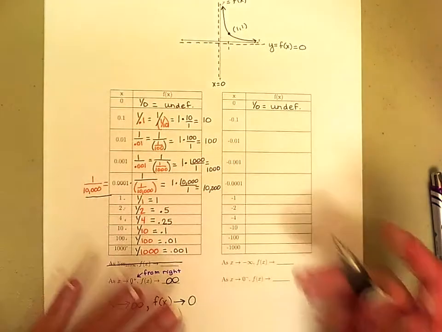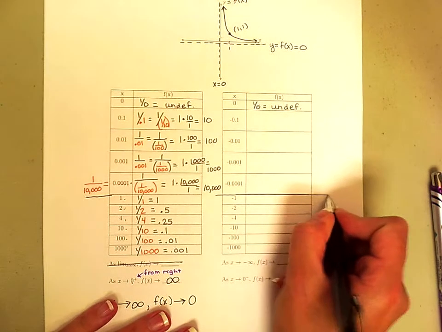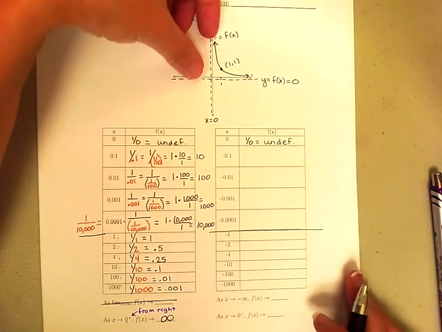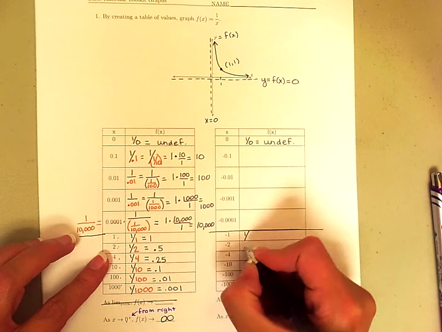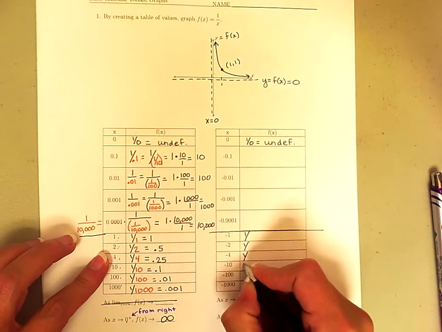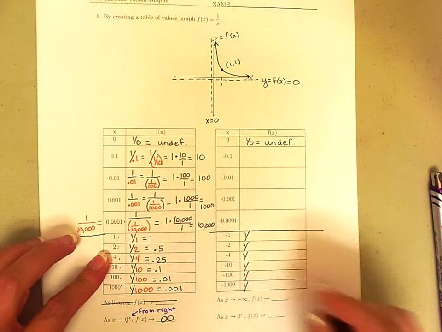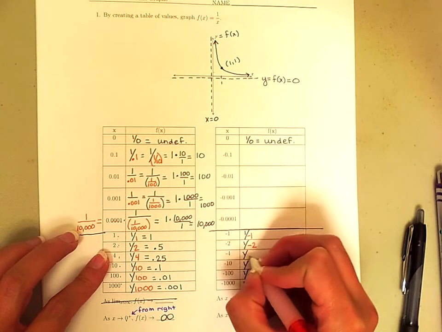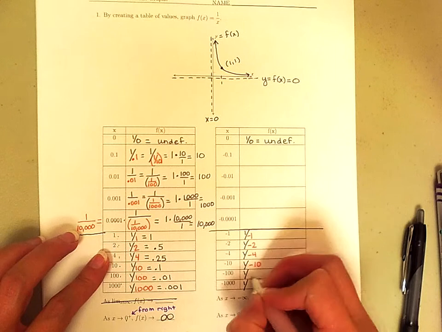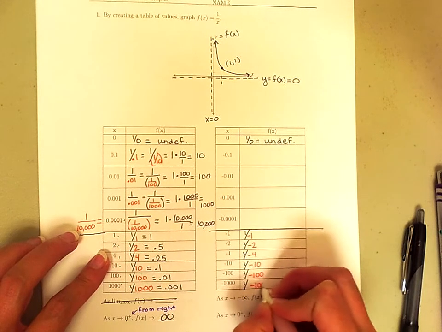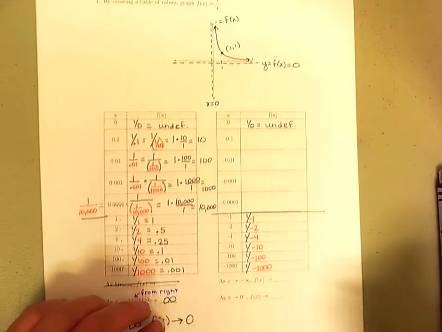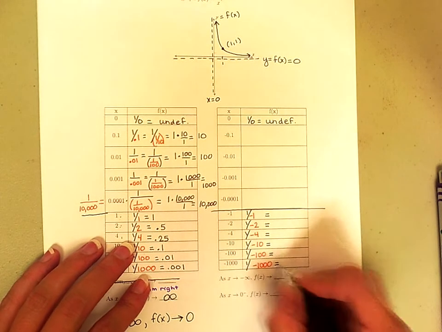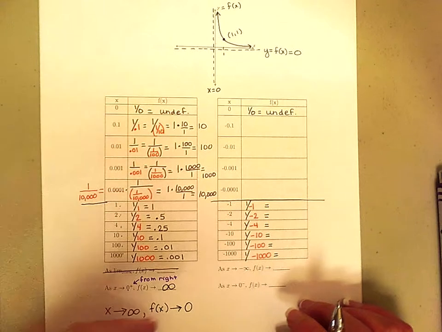Let's look at the same thing on the other side. We have the same demarcation, because notice we've just looked at what happens on positive values of x. Right? So we'll look for negative values. Again, we could do the same substitution, except with the negative values. So this would be negative 1, negative 2, negative 4, negative 10, negative 100, negative 1,000. And we can convert these to decimals.